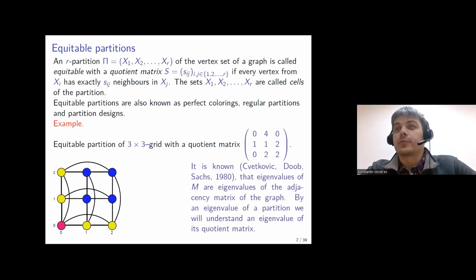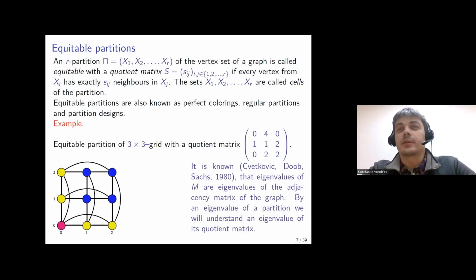Okay, the next notion we need is the equitable partition. I think you all know it, but let me remind it. We have an r-partition pi = {X_1, X_2, ..., X_r} of the vertex set of some graph, and this partition is equitable with the quotient matrix S of size r by r if every vertex from X_i has exactly S_ij neighbors in X_j.